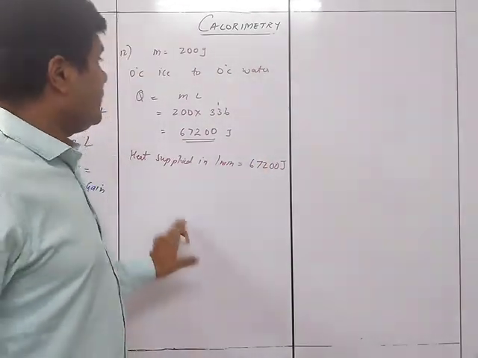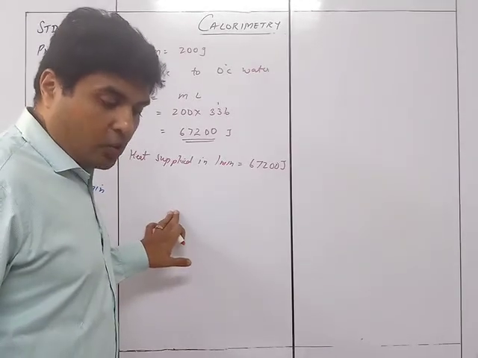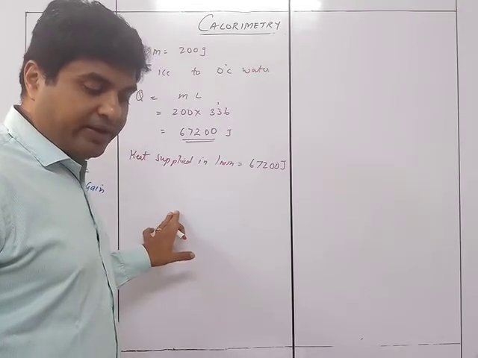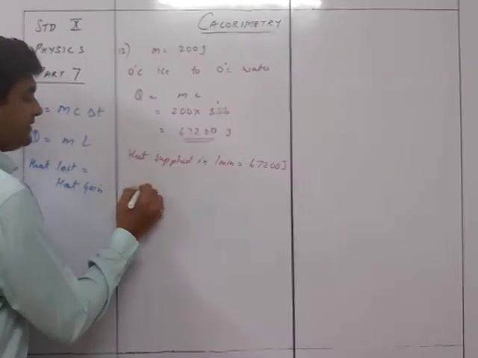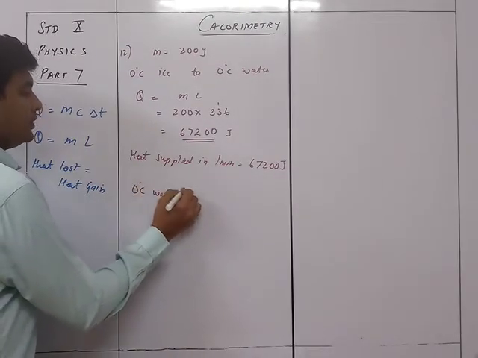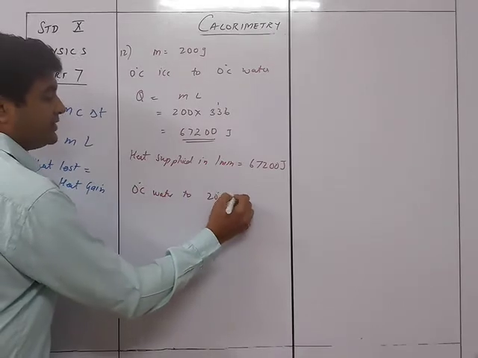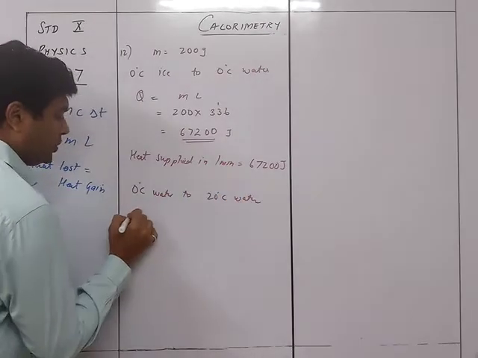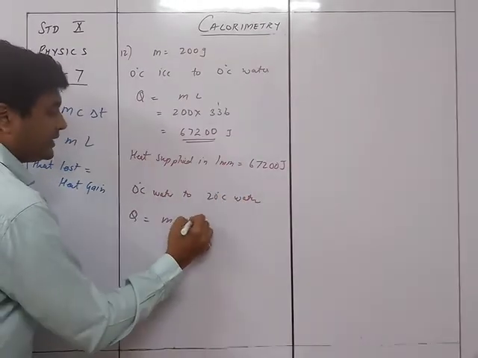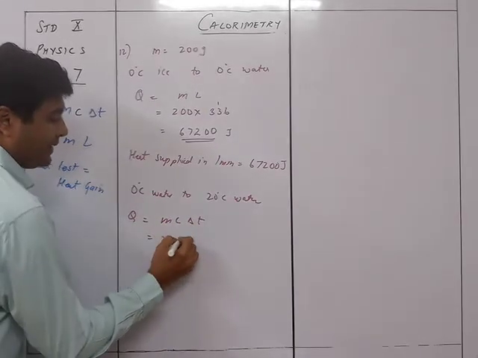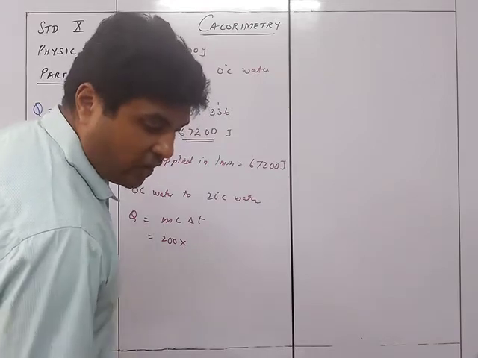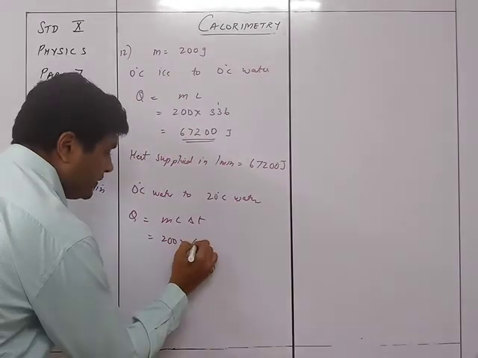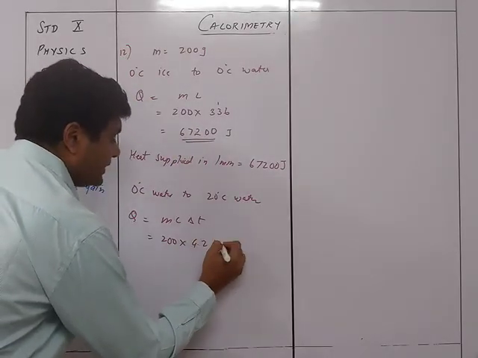The next is you need to convert 200 grams of water from 0 degrees Celsius to 20 degrees Celsius. So 0 degrees Celsius water to 20 degrees Celsius water. So Q is equal to MC delta T. So it is 200 grams into C, which if not given you can take as 4.2, into delta T is 20.